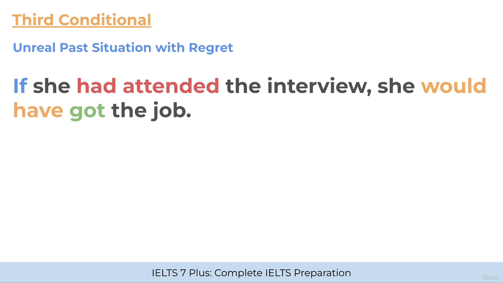So, for example, you can say about an unreal past situation with regret. Let's see. If she had, okay, so that's our past perfect, had attended the interview, she would have got the job. Right, so if clause followed with past perfect had, and then the past form of the verb, attended, the interview, she would have got, which is the past participle, the job.